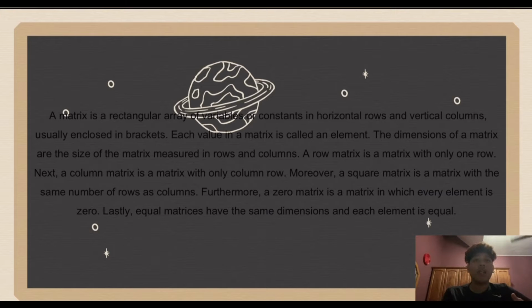Next, a column matrix is a matrix with only one column. Moreover, a square matrix is a matrix with the same number of rows as columns. Furthermore, a zero matrix is a matrix in which every element is zero. Lastly, equal matrices have the same dimension and each element is equal.